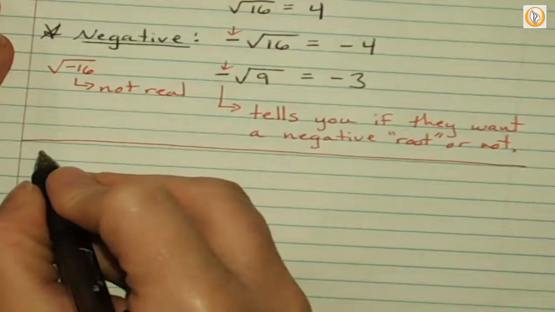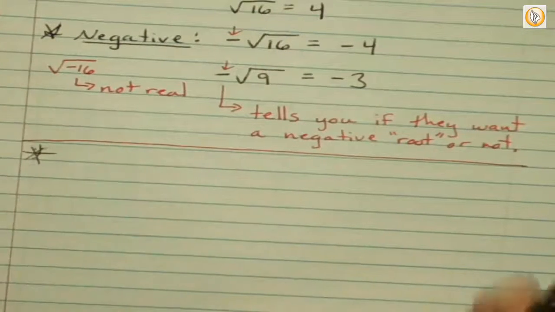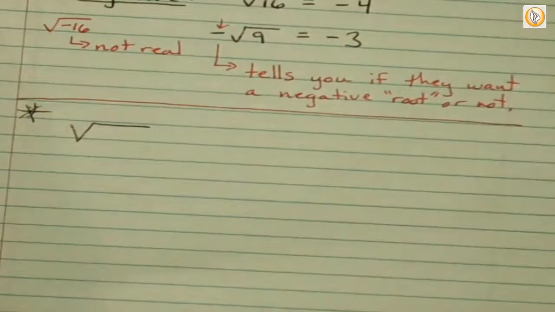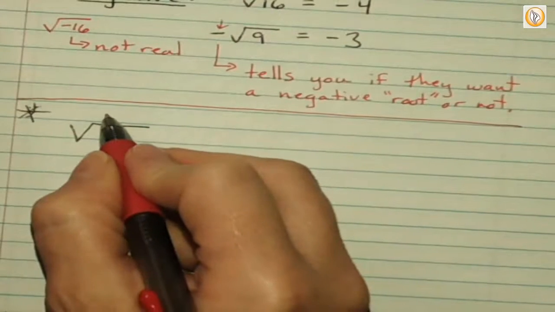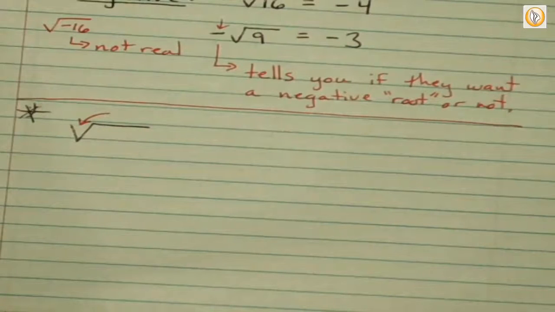Let's see. I'm going to start with this right here. A star. There's my radical sign. Is there anything in that little check mark?